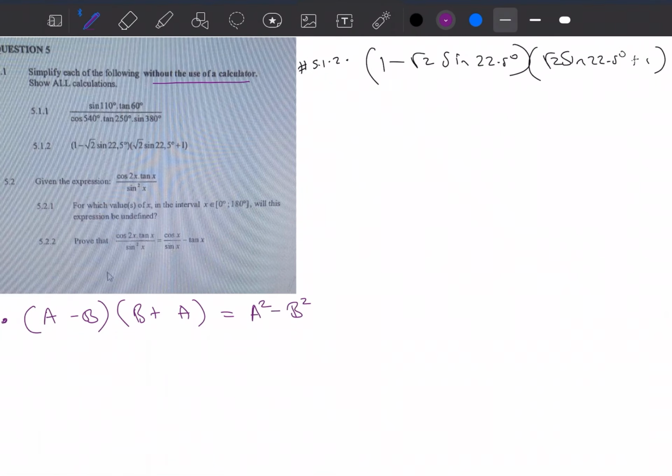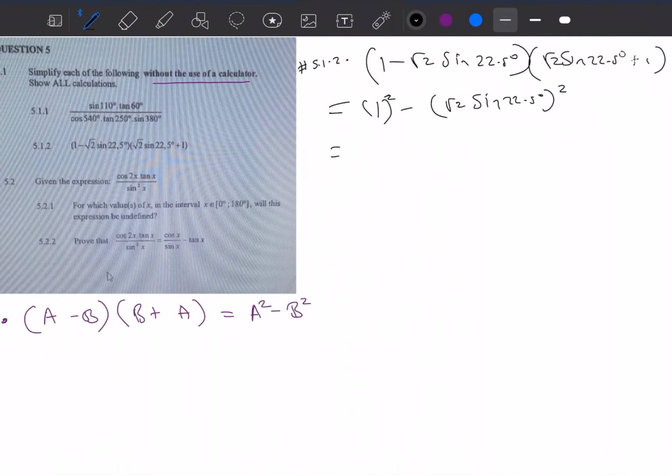That you need to know. So this is equal to 1 squared minus root 2 sine 22.5 degrees squared. This is our a, this is our b. It's going to be a squared minus b squared.